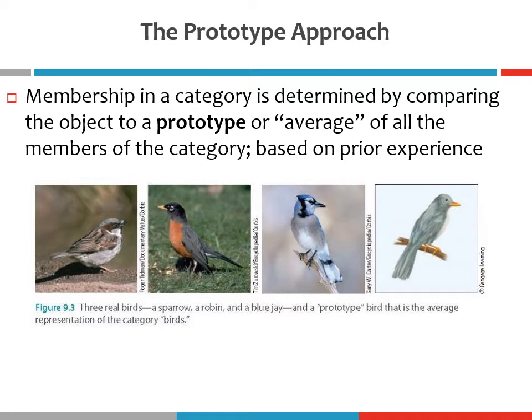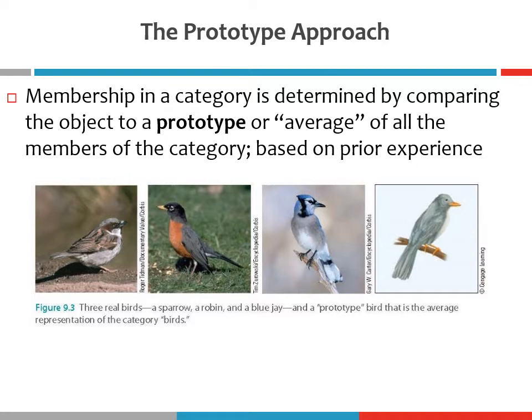So for example, the prototype of the category birds would be based on birds that you typically see. I am from the coast of Virginia, and in Virginia we often see cardinals, and we also frequently see sparrows and robins, right?